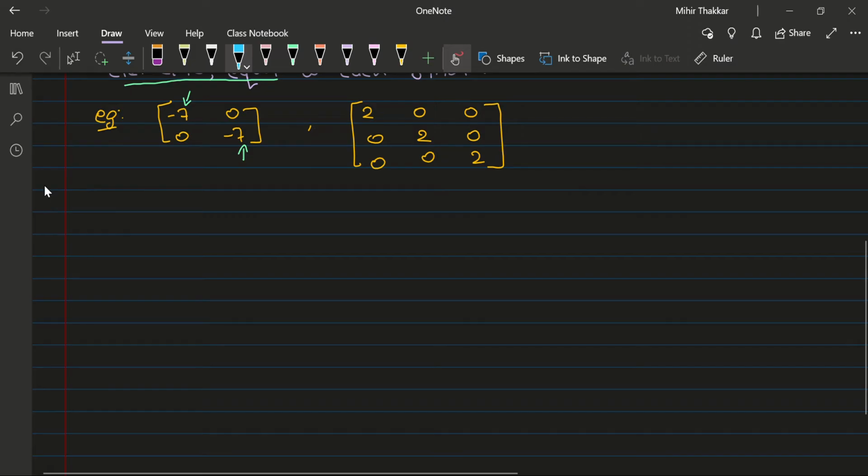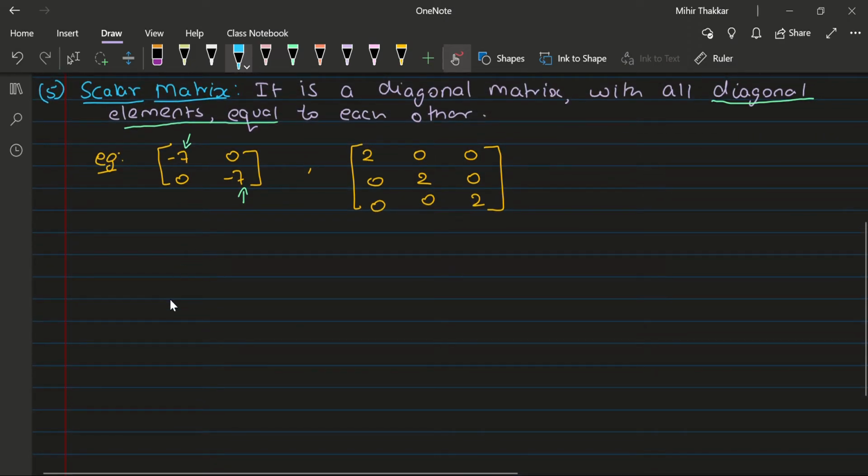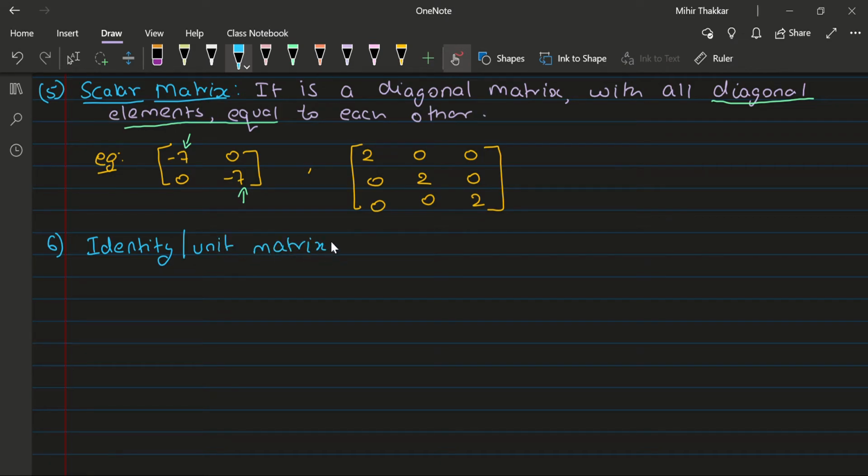Next number that you are having over there is number 6, identity or unit matrix.